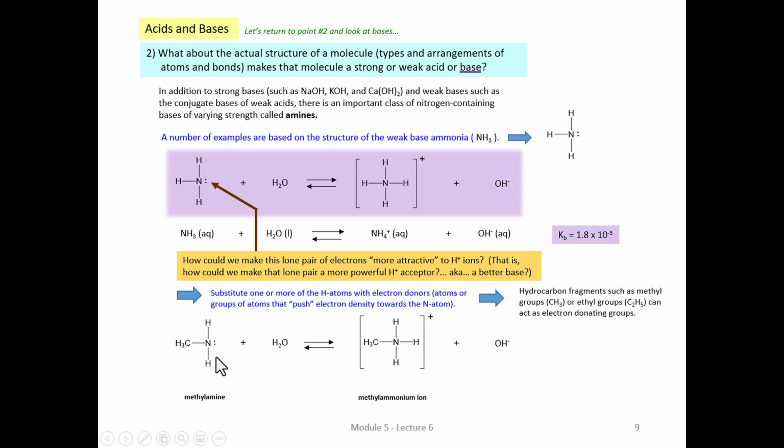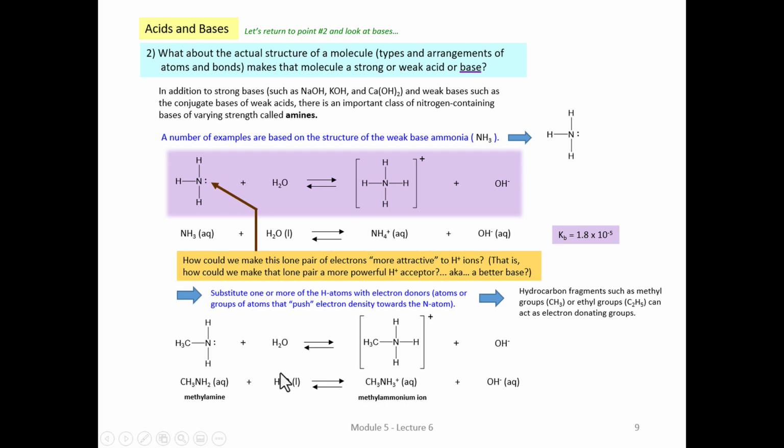And in water, this would act similarly to ammonia. It would abstract an H plus from water and form a cation. This time it would be called the methyl ammonium ion. And we could write an equilibrium with just formulas like this: CH3NH2 plus water forming CH3NH3 plus.